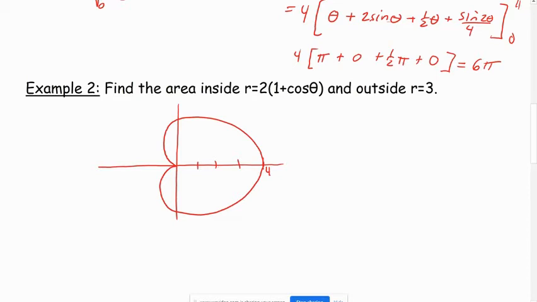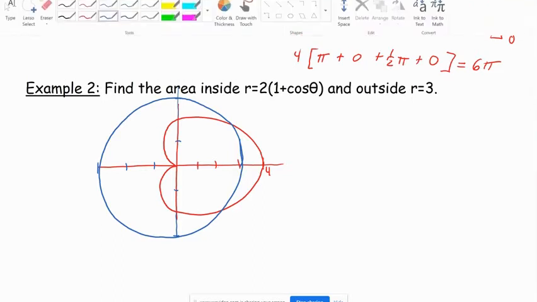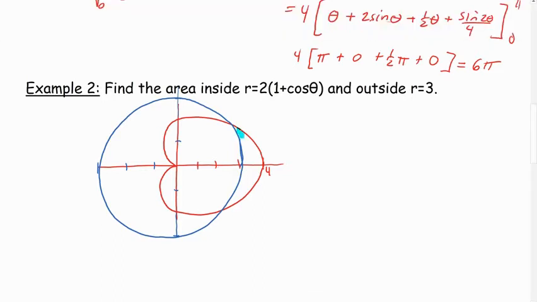And then the circle, r equals 3, would be, so that's 2, 3 would be about like that. And 1, 2, 3. So the circle r equals 3 looks like this. And we're looking for the area that's inside the cardioid, but outside of the circle. So we're talking about this area right here.